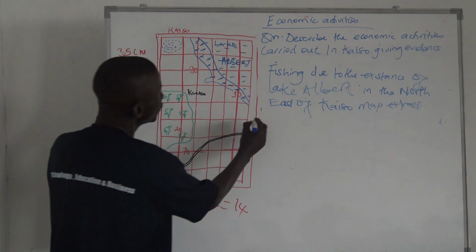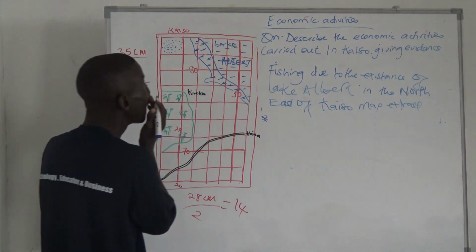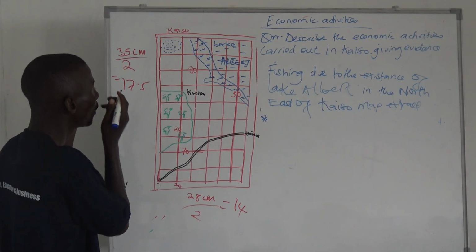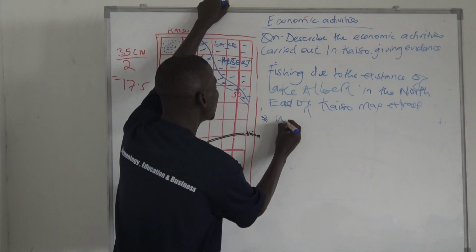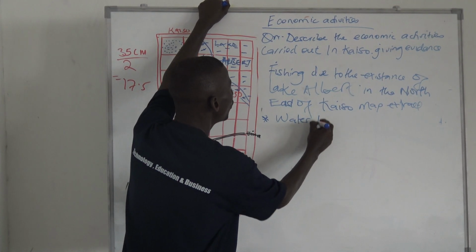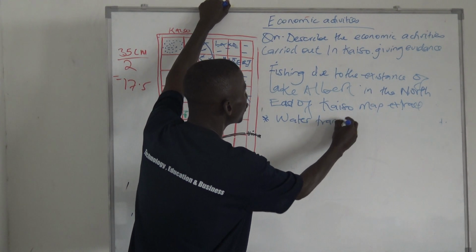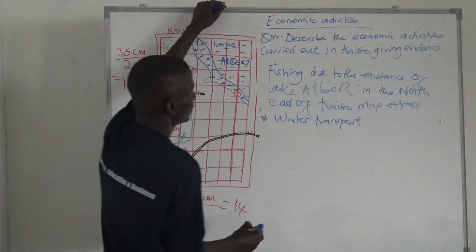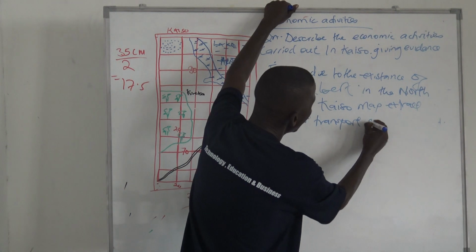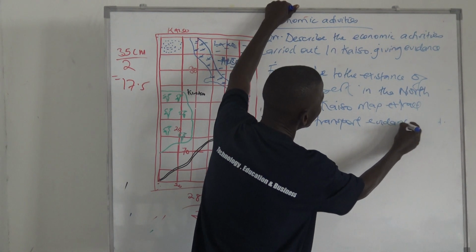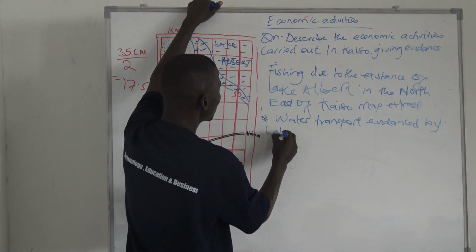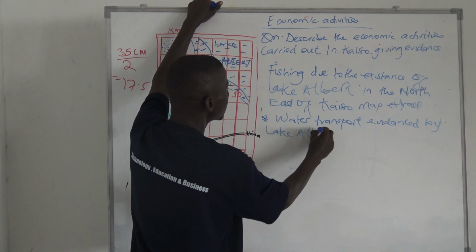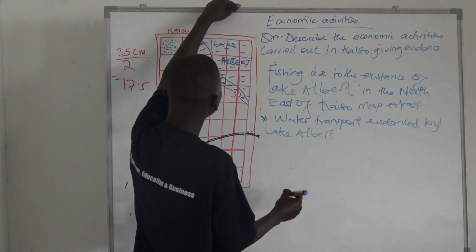The other thing we can identify is, once we have a water body, we also have water transport, evidenced by Lake Albert. Where is it found?